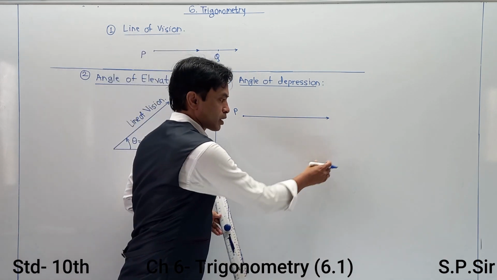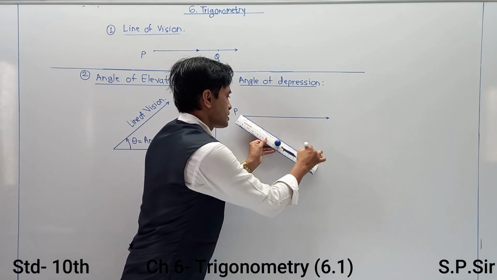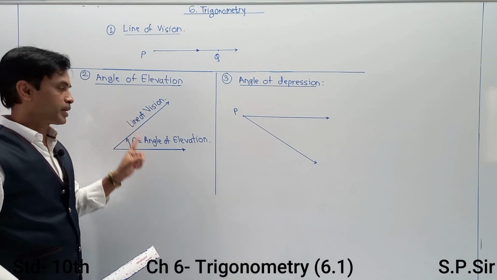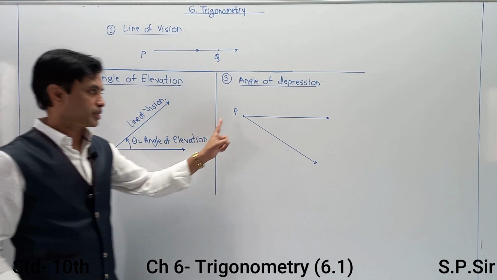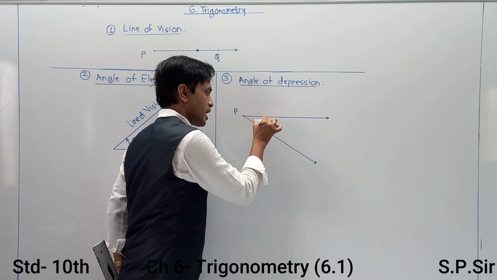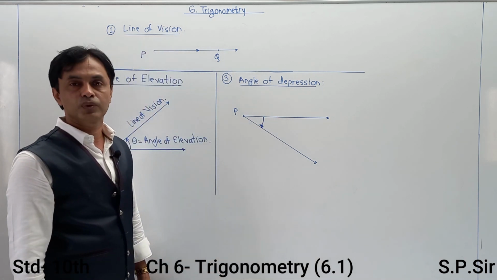So if you want to see that object in a downward direction, there is a change from the first case. Earlier, your angle was moving in an upward direction, that's why we call it an angle of elevation. Now your line of vision remains the same, but the angle is moving in a downward direction.